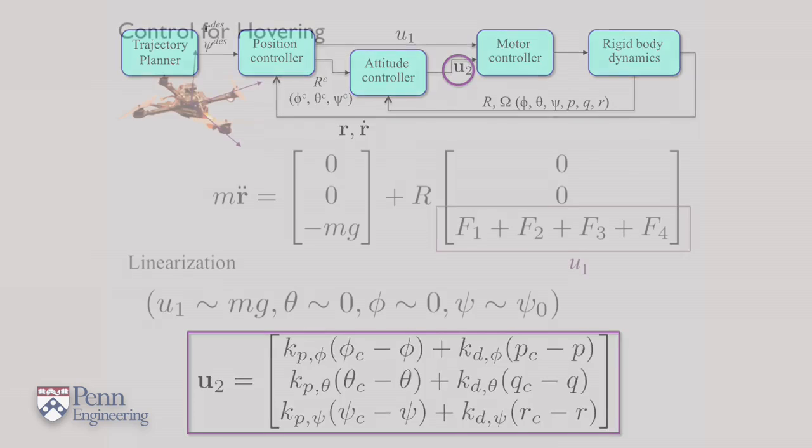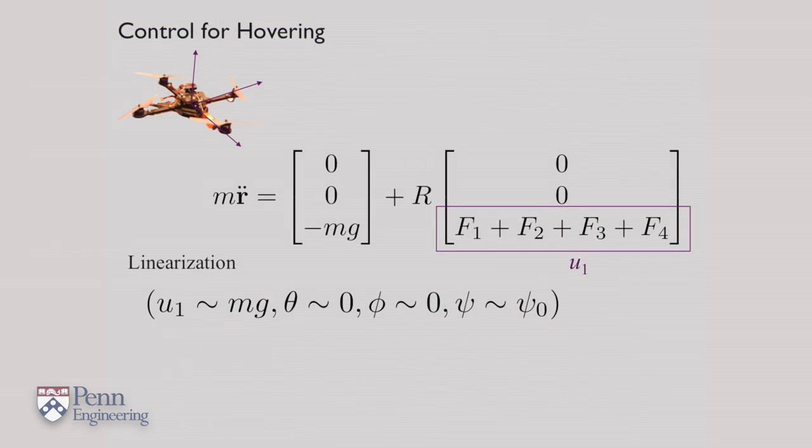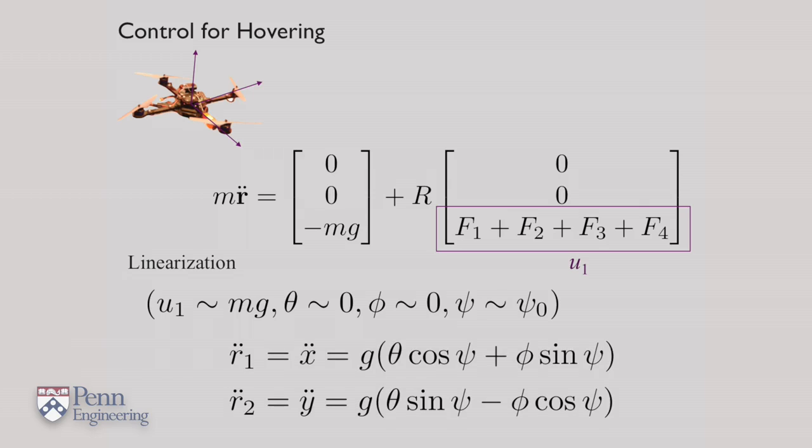Let's turn our attention to the outer feedback loop. If you look at the position equations of motion and you linearize them, you'll find that the expressions for the first two components of acceleration can be written in the form shown below.